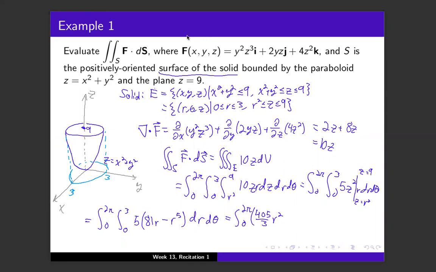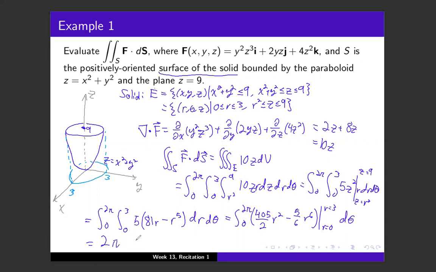I meant r cubed, not r squared. Sorry, I'm being silly. Minus 5/6 r to the 6th from r equals 0 to r equals 3 d theta. Or in other words, 2.